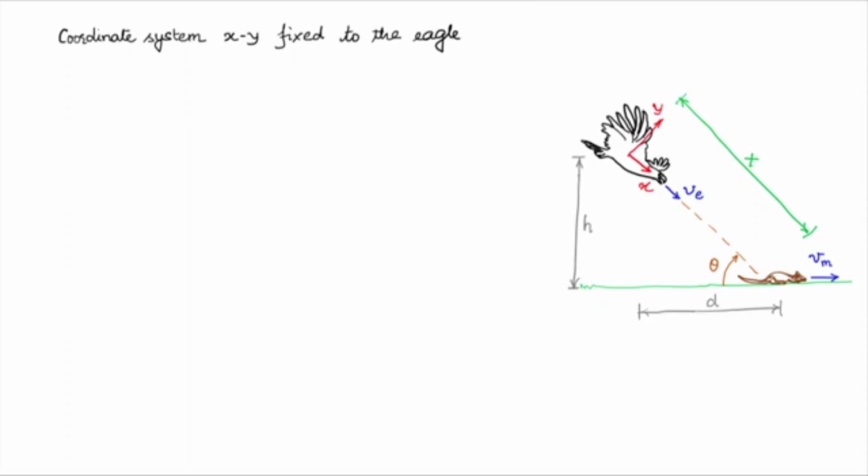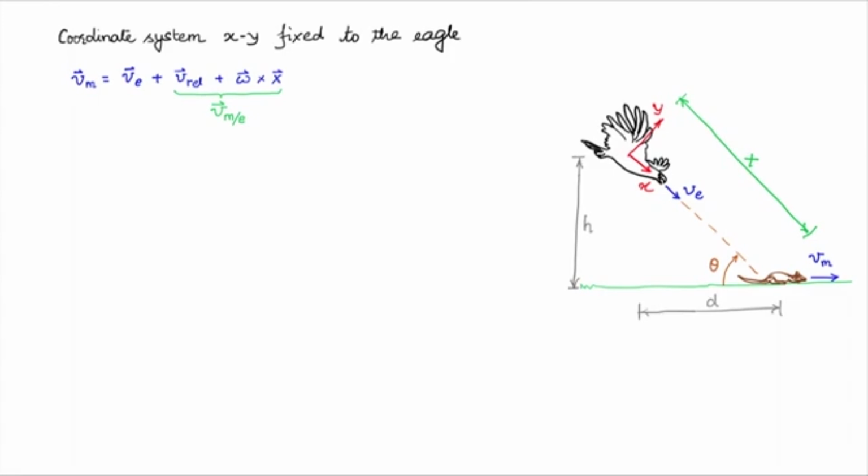Now, because this x y is a rotating coordinate system, our velocity relation, if the eagle wants to relate the velocity of the mouse in its coordinate system, how will it represent? Now, this V mouse is the absolute velocity of the mouse in terms of the absolute velocity of the eagle. So, V mouse is V eagle plus V rel plus omega cross the vector from E to the mouse, which I have called x vector.